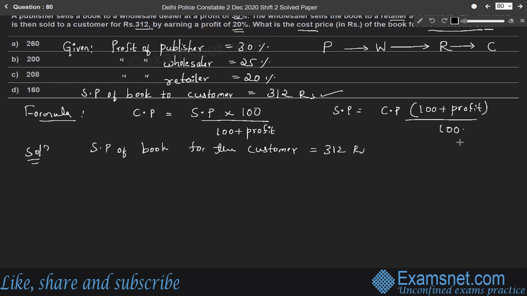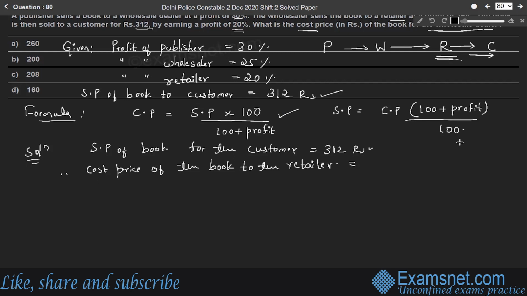So now the cost price of the book for the seller who sells to the customer. That means the cost price of the book for the retailer who sells the book to the customer, right? For him, the cost price will be, therefore, cost price of the book to the retailer who sells the book to the customer. So what is the cost price formula?